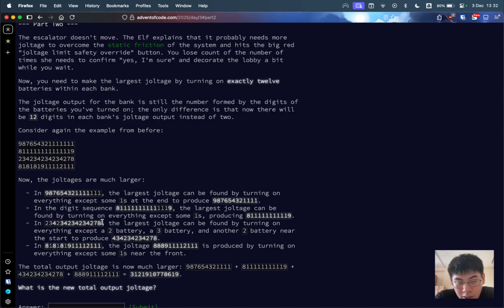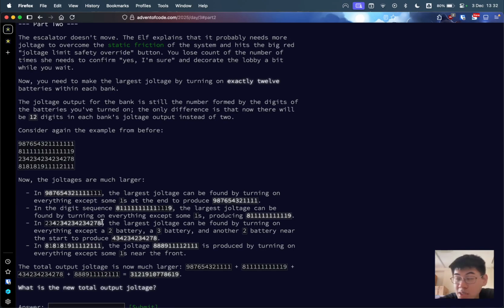Let's see, 889, 81, 81. I guess here there are two other properties we have, which is we always want to optimize for the best digits at the front, and then the moment we hit a certain threshold, there is no choice but to take every other digit.